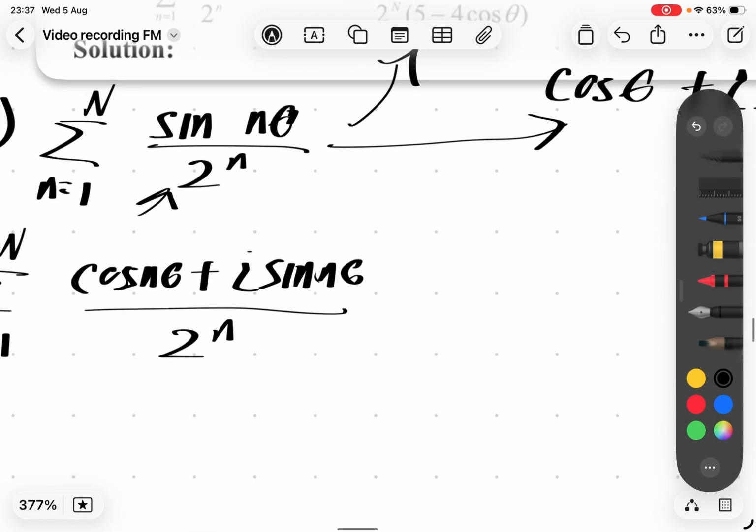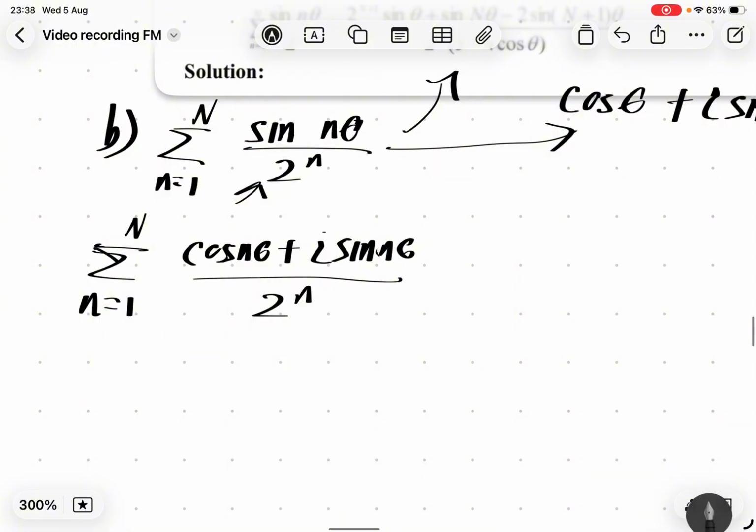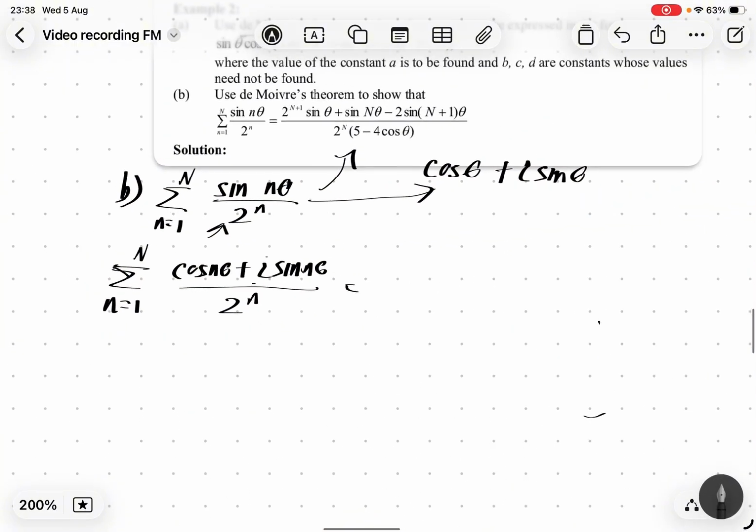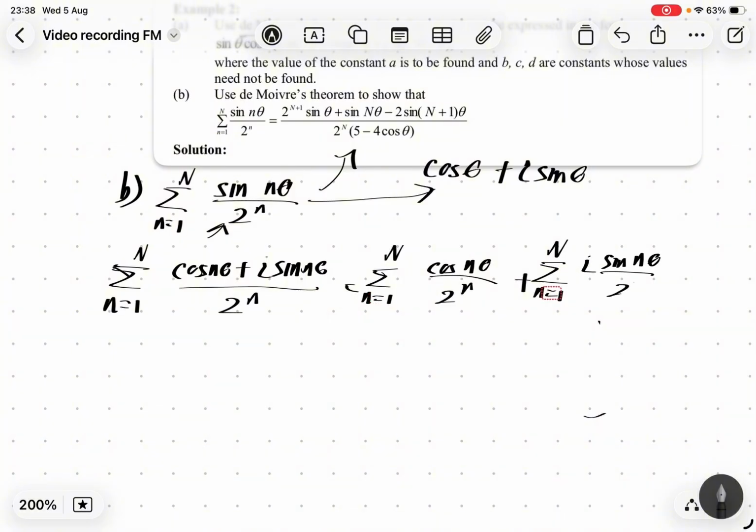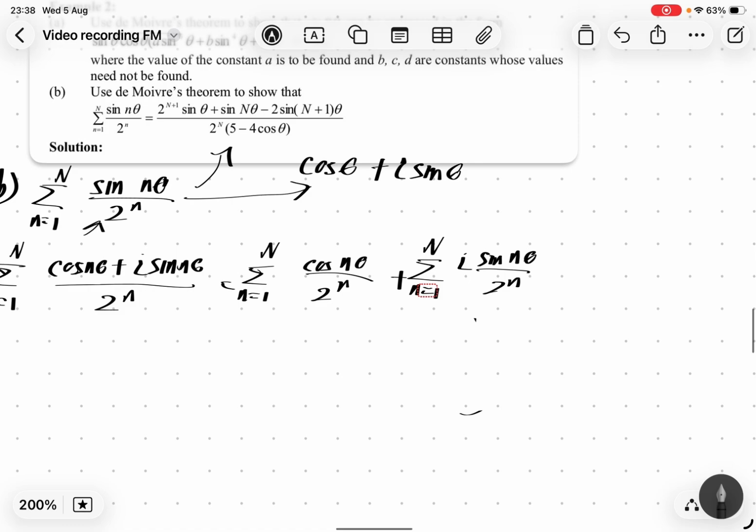Okay. This equals to, if I open up the plus, I'll get something like this. Right? And because the i is a constant, I can just take it out.